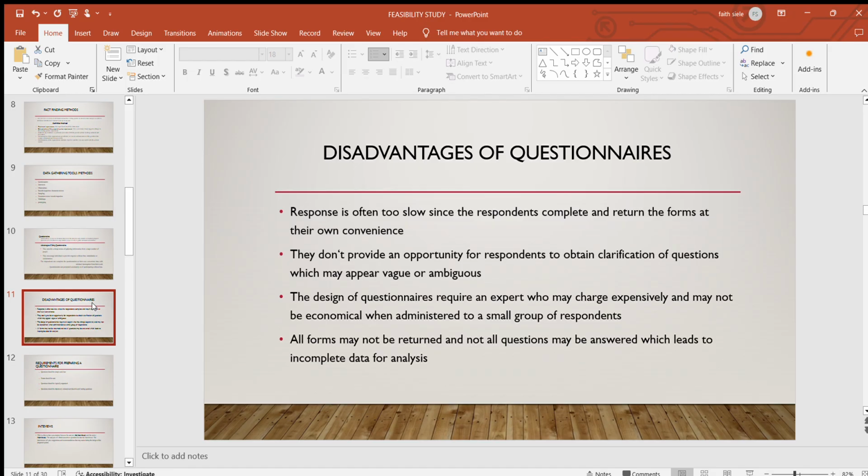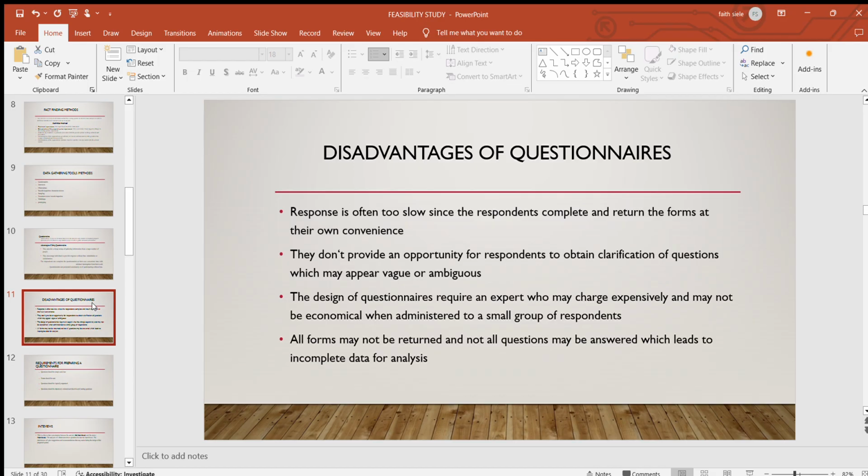So we may have a very low response rate, which leads to a biased result. And then also it doesn't provide an opportunity for respondents to obtain any clarification on questions which may appear vague or ambiguous in nature. So here it may lead to inaccurate or misleading answers from the respondents.